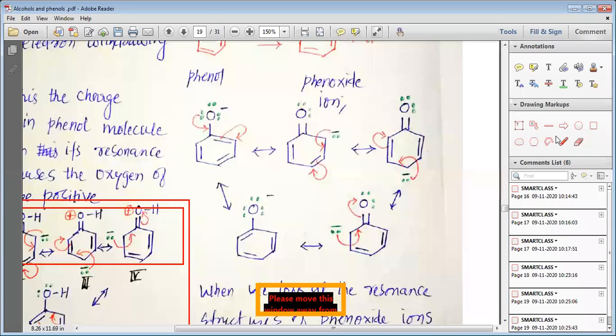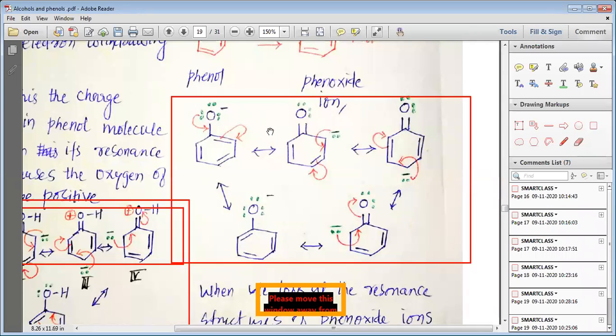You can see now these are the resonance structures of a phenoxide ion. In the resonance structures of the phenoxide ion, there is a double bond between the carbon of the aromatic ring and oxygen, but you can see that this oxygen does not get a positive charge.